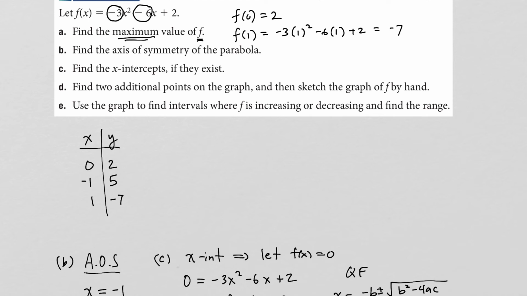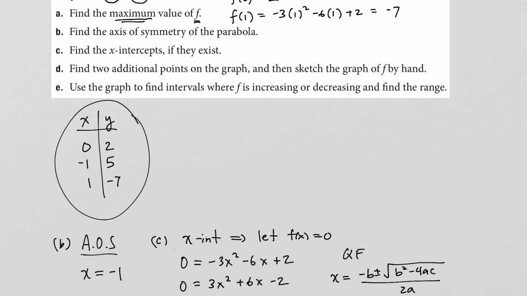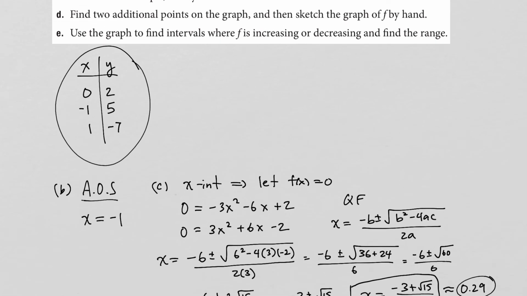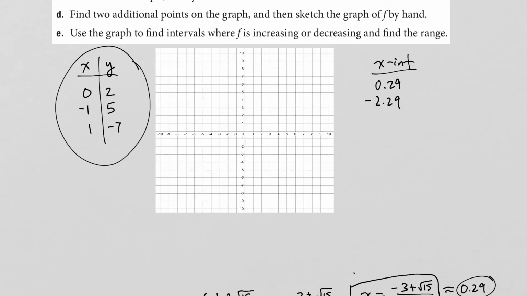All right, and now we should be able to take these points along with our x-intercepts and sketch the graph. So let's bring in an axis. So here we are. Let's go ahead and graph these points. We have the point 0, 2. We have the point negative 1, positive 5, which is our vertex. We have the point positive 1, negative 7.